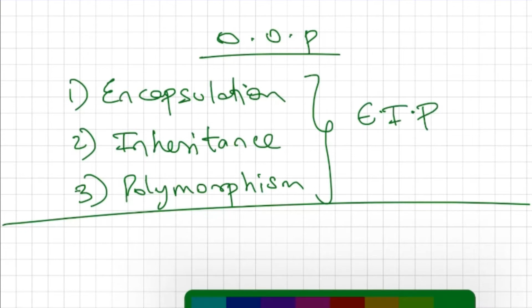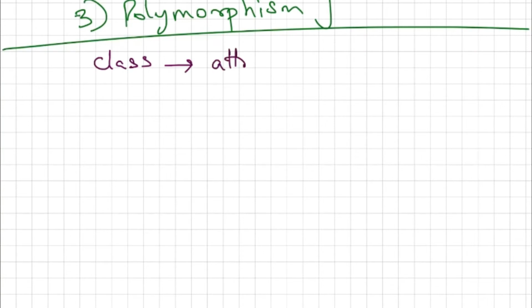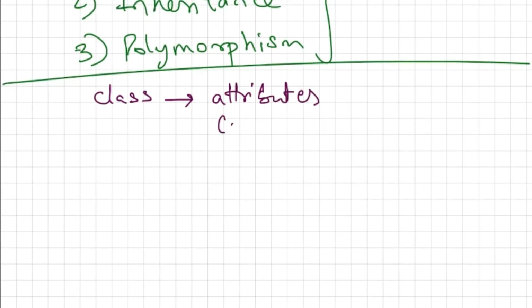To understand them, we'll go back to our same old example of class house. You add values to the attributes, and you create an object.